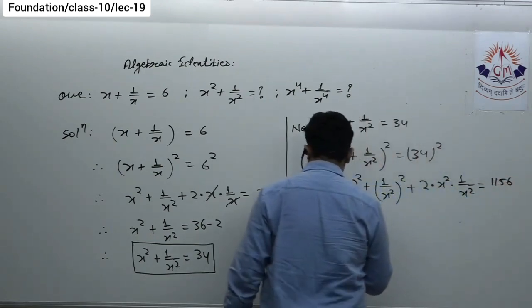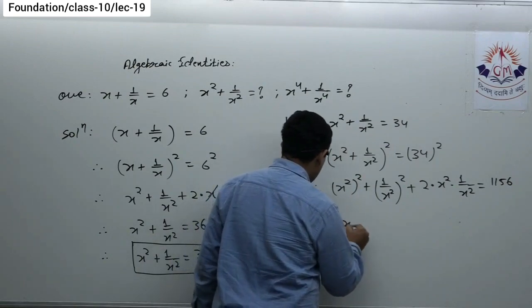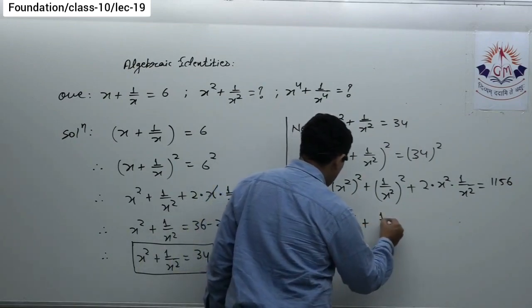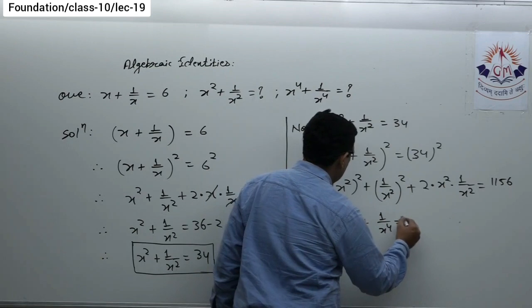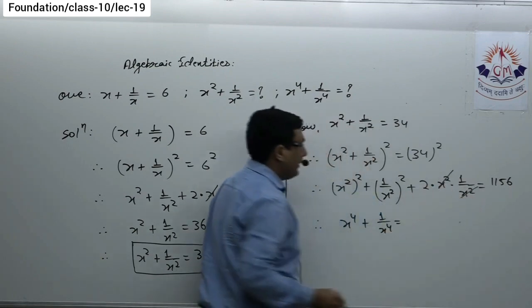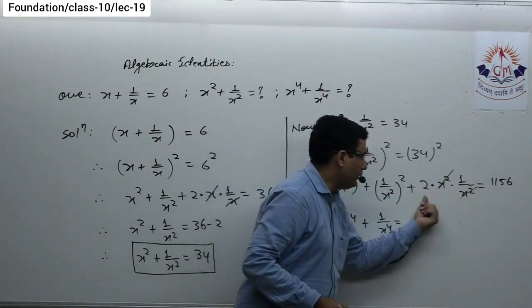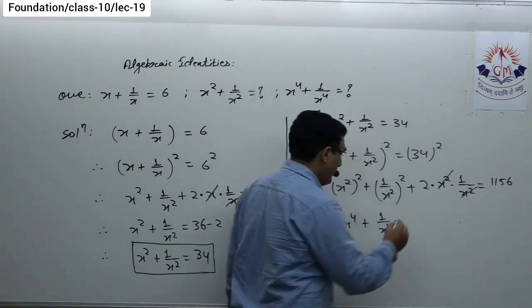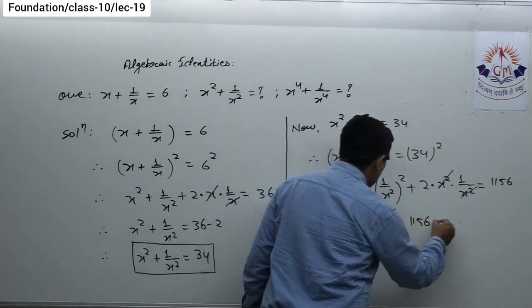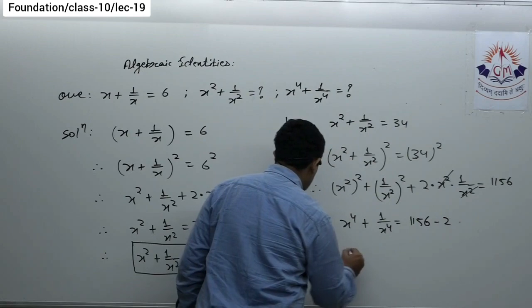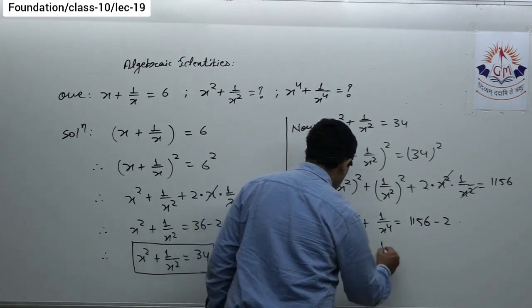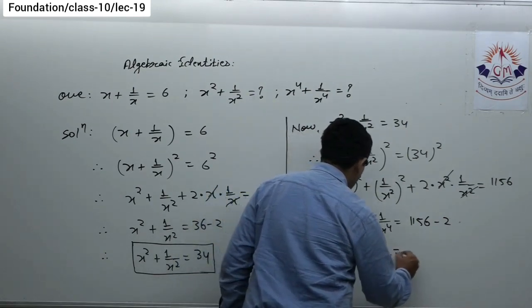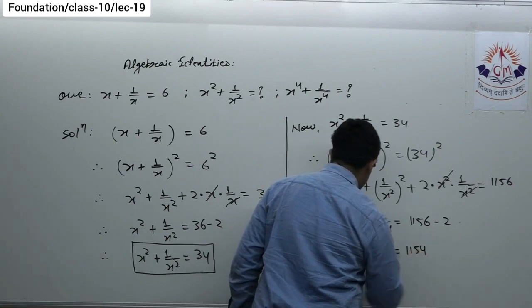So this gives x raised to 4 plus 1 upon x raised to 4 is equal to, now this x square will cancel out, and this 2 when I take on that side will become 1156 minus 2. So ultimately x raised to 4 plus 1 upon x raised to 4 is equal to 1154.